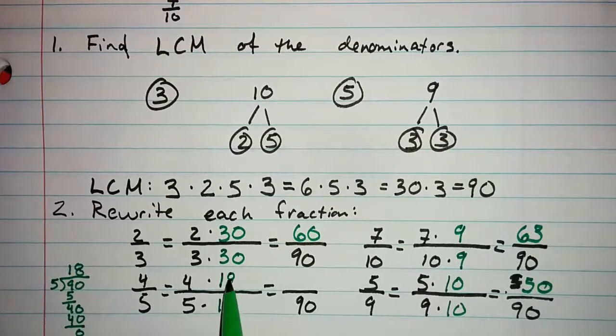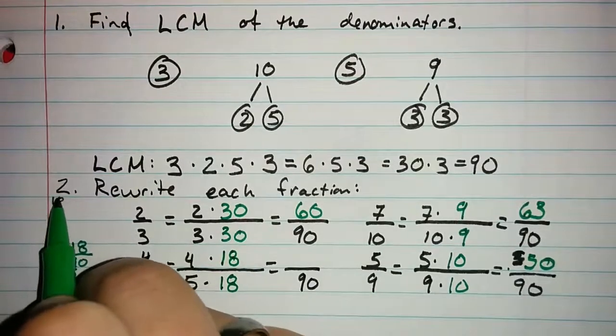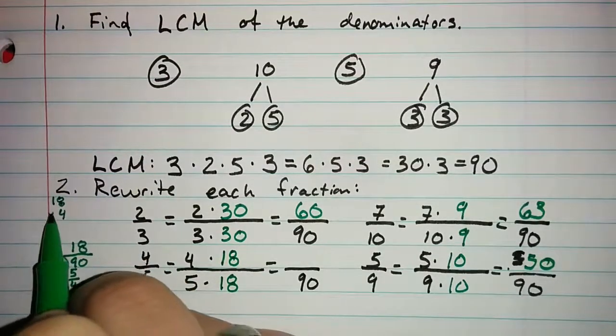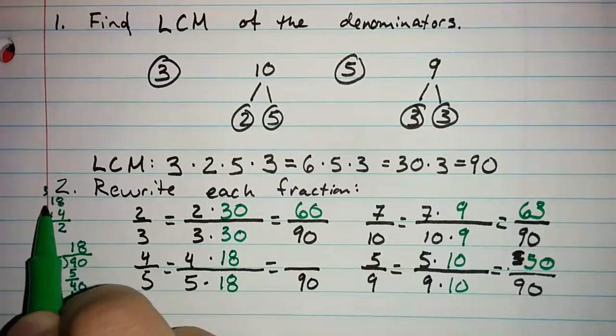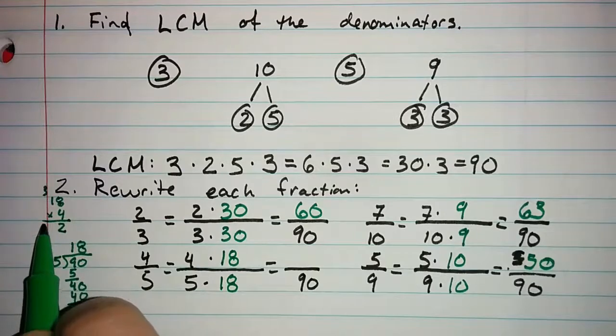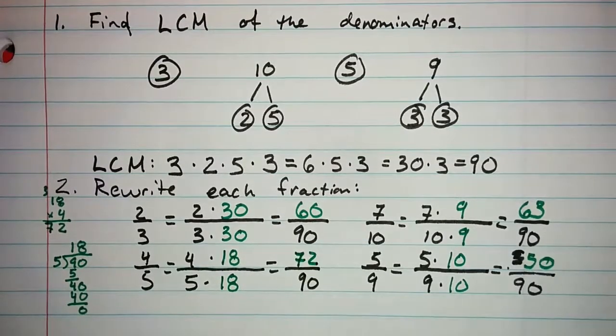So I'll have 4 times 18. Another piece of arithmetic I can't do in my head. 18 times 4, 4 times 8 is 32. 4 times 1 is 4, plus 3 is 7. We'll get 72/90ths.